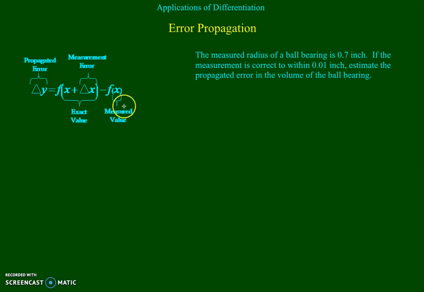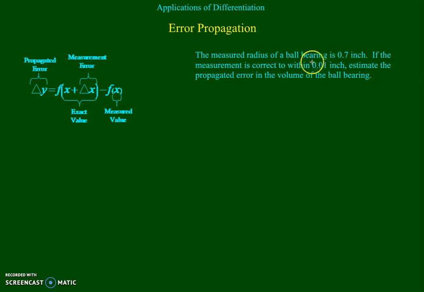So let's go ahead and apply this error propagation concept to a practical function. In this case, the measured radius of a ball bearing. In case you don't know what a ball bearing is, it's just a spherical, usually steel object that is designed to take the load of two metal parts that have to rotate with respect to each other. For example, an axle in a car. The car is moving laterally, but the axle is rotating with respect to the car.